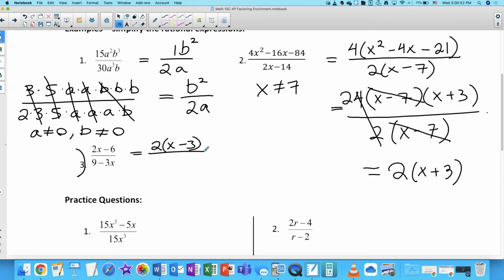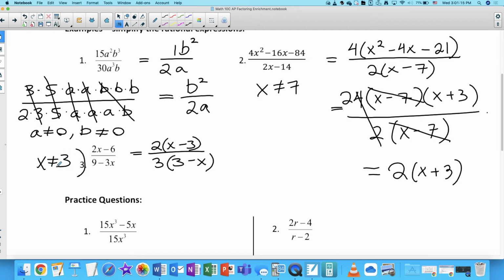GCF of 3, okay? And I'm left with 3 minus x. Okay. So firstly, non-permissible values. 3 minus what equals 0? 3. So here, x cannot equal 3.